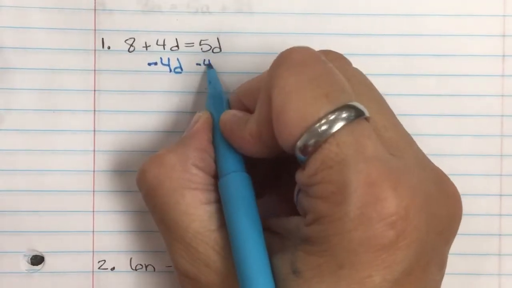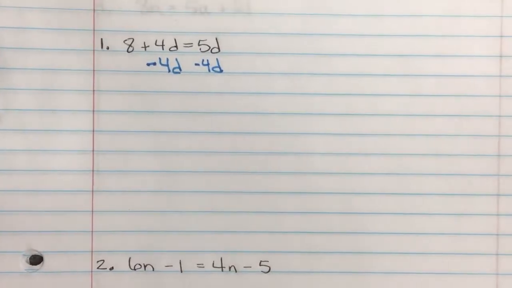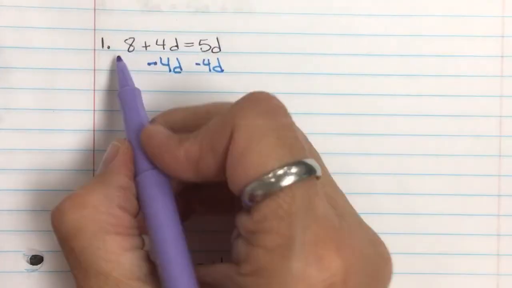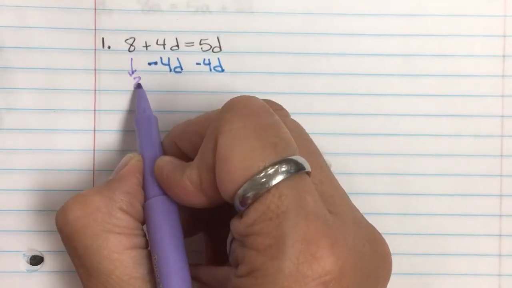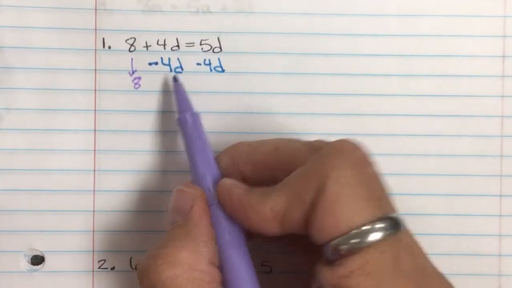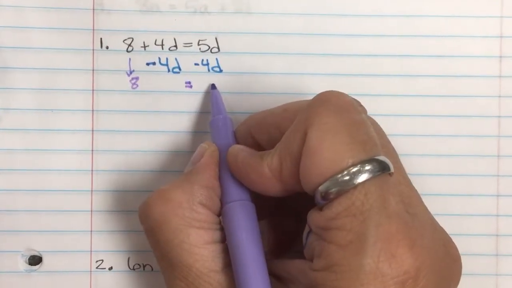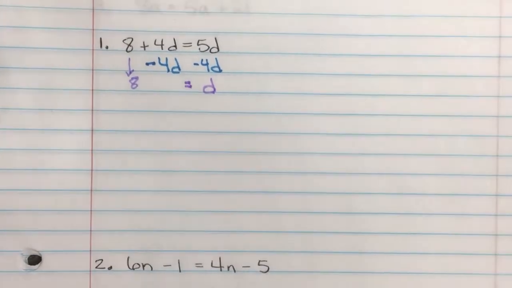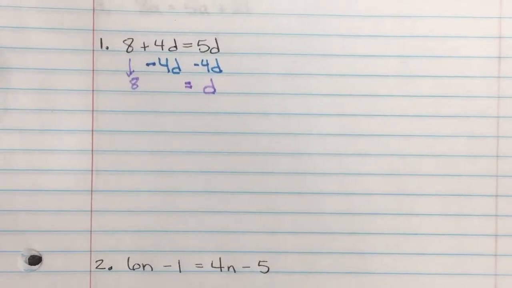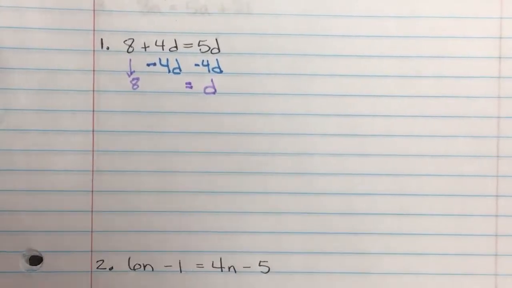If I subtract 4d from both sides, I'm going to end up with this 8 that's going to come straight down. This is going to become 0 equals, and 5d minus 4d is d. You did your first problem.